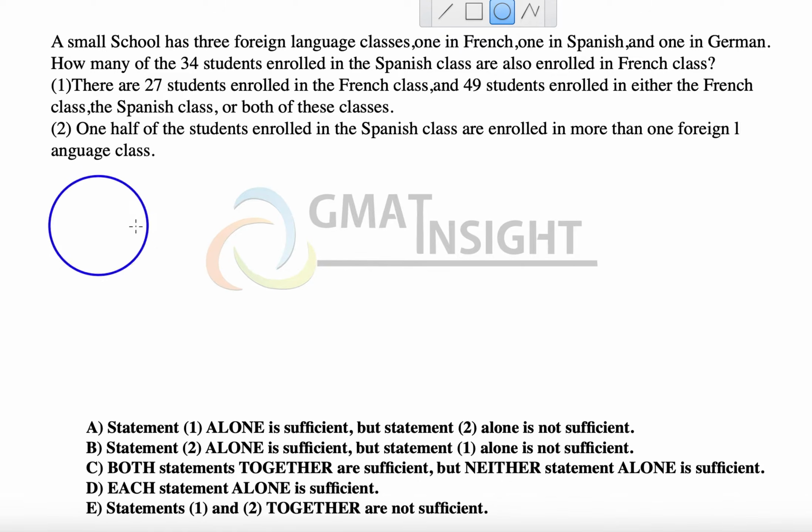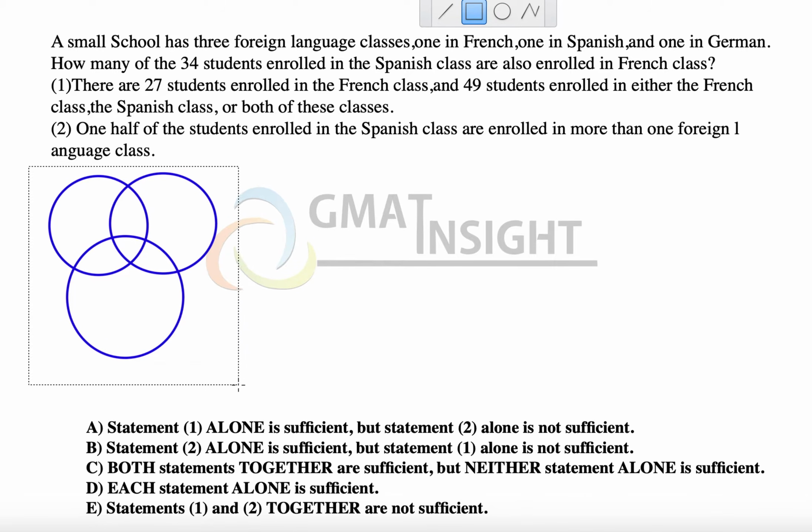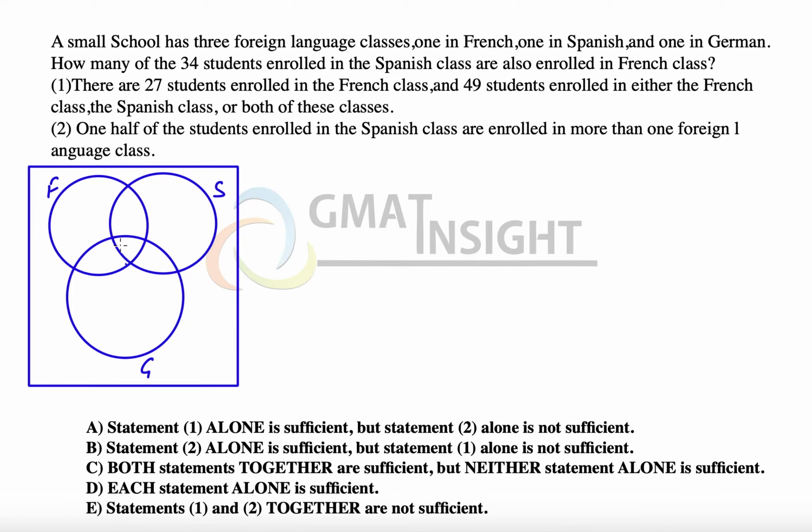This is set 1, and here we have set 2, here we have set 3, and closing it in a universal set like this. So a small school has three foreign language classes, French, Spanish, and German.